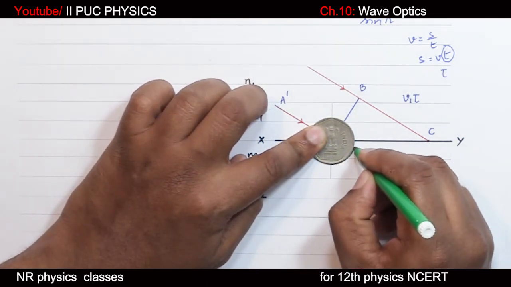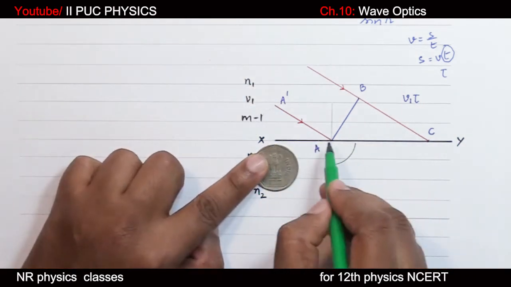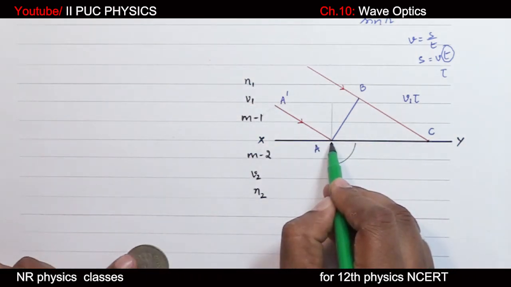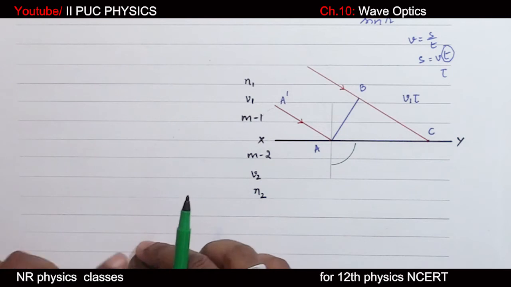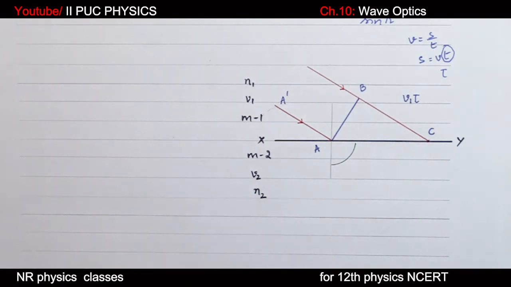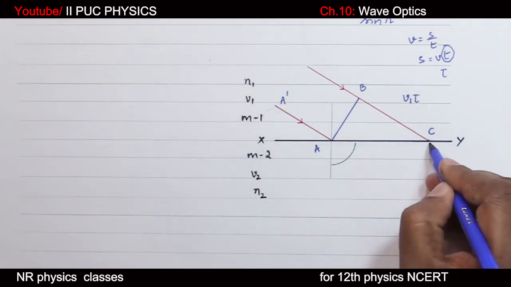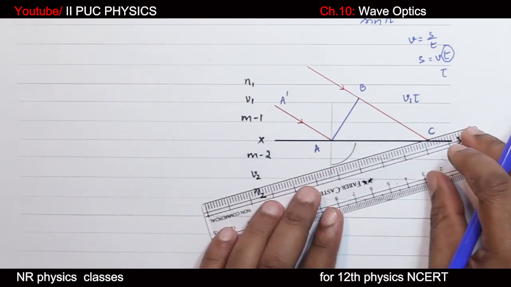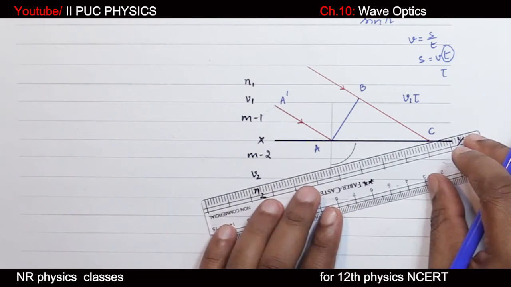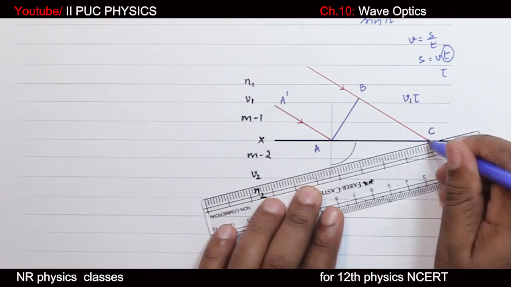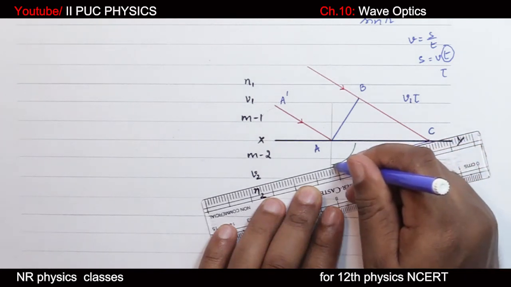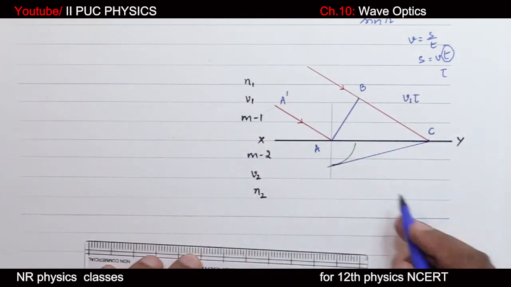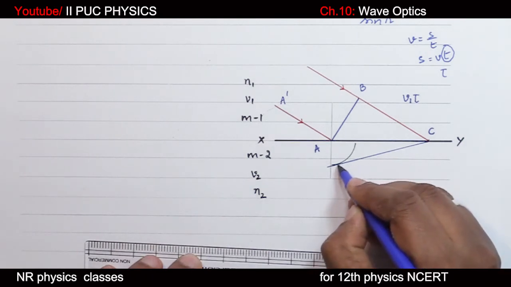So this is the arc drawn centered at A. Now let me draw a tangent plane from point C to this arc. Tangent means a straight line which touches at only one point. So this is the tangent plane. In 3D it is a plane. So this plane touches this arc at this point.